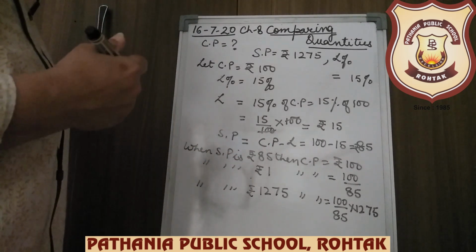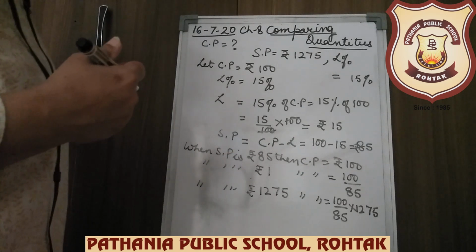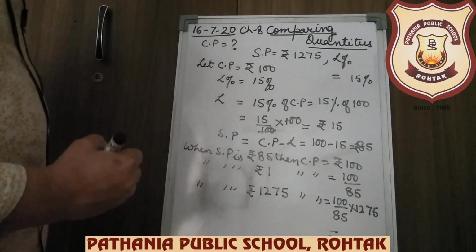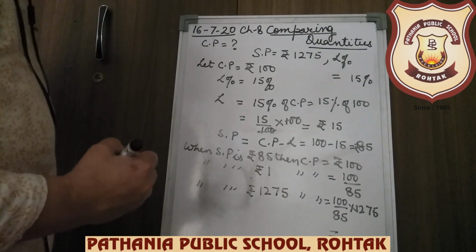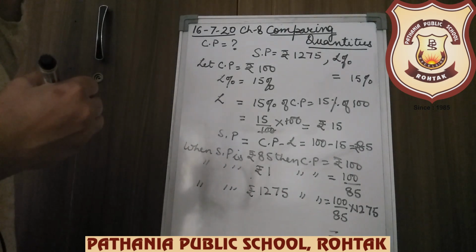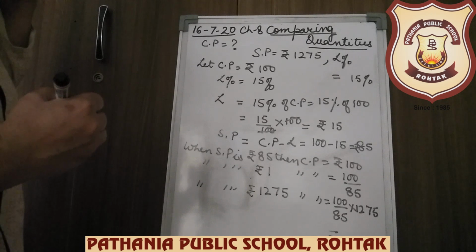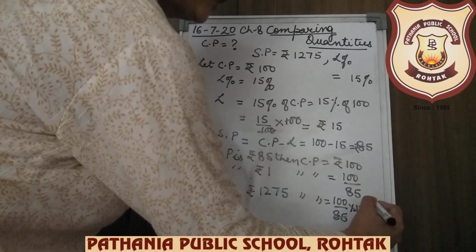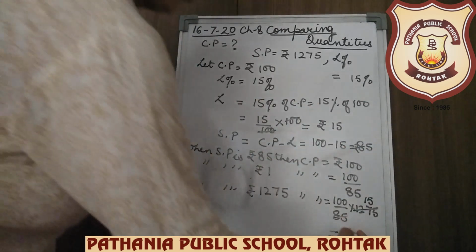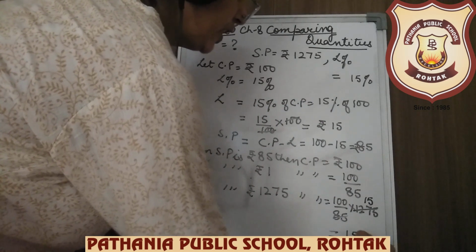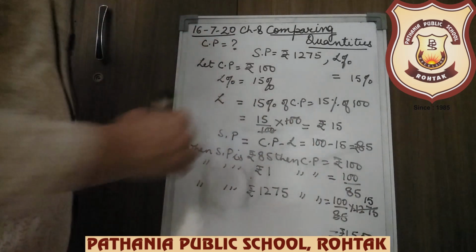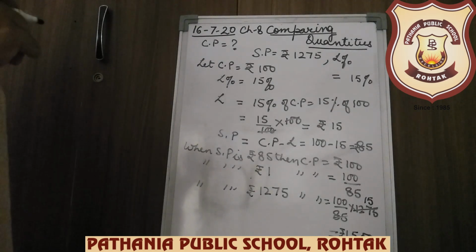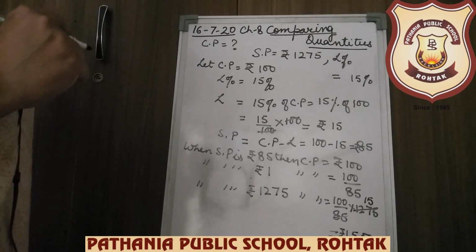Now after this you have to do the cancellations and my CP will come out to be 85 times 15. So my CP is going to be 1500 rupees. Understand? Got it? It is going to be 1500.